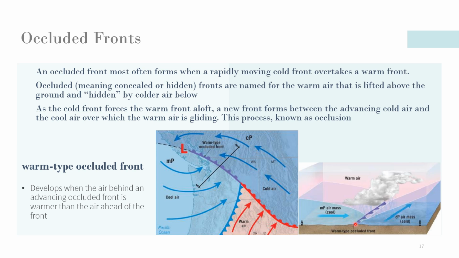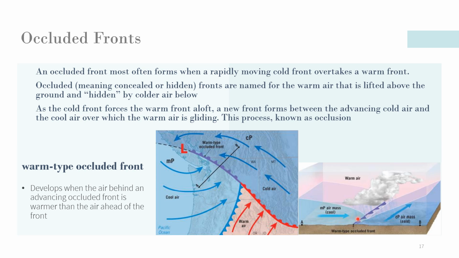And in this next picture, still the same warm type occluded front, this is a block diagram of the same front, the same illustration, but it is illustrated as the block type. So in this maritime polar air, this is the cool air mass.